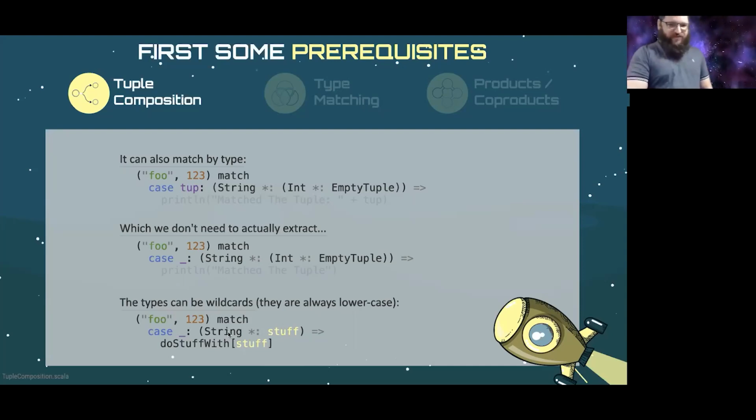So the syntax that they've decided to use is that all types that are lowercase, that don't start with a capital, inside of these extractors, the lowercase ones are actually wildcards.